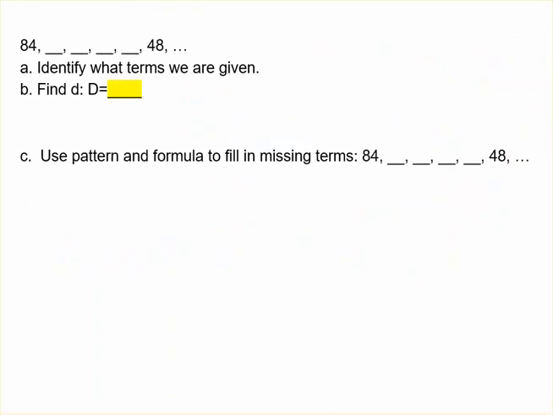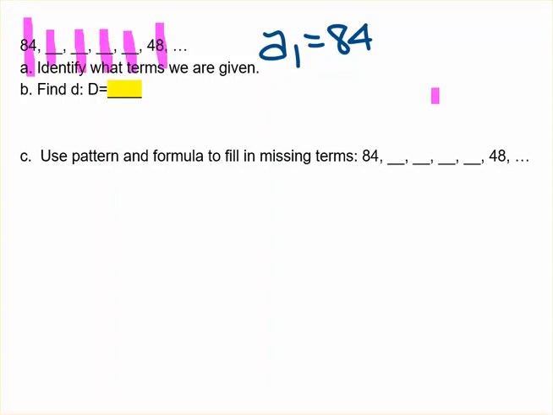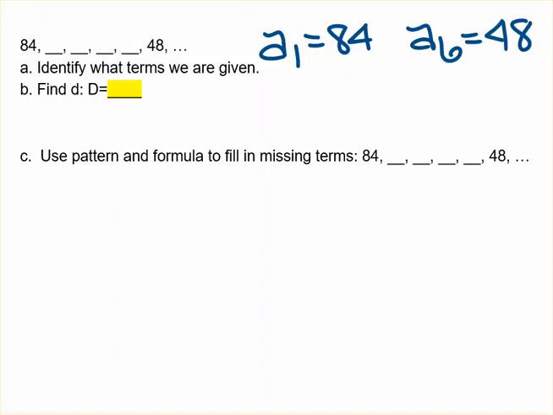Okay, now let's look at what we have here. We have 84 is going to be a sub 1. And then we have 48. We have to count to figure out what value that was. So 84 would be my first, second, third, fourth, fifth, sixth term is 48. Now we can think slope. So we will take 48 minus 84 on top.